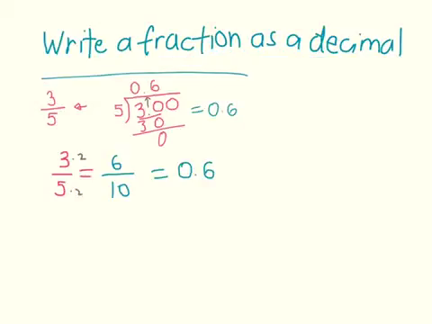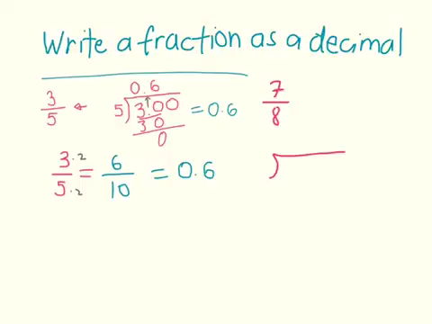Let's try another example. Let us work with 7/8. Now this time, 8 is not a factor of 10 or 100 or 1,000. There's no whole number factor of 8 that would work, so we'll have to actually go through the division.